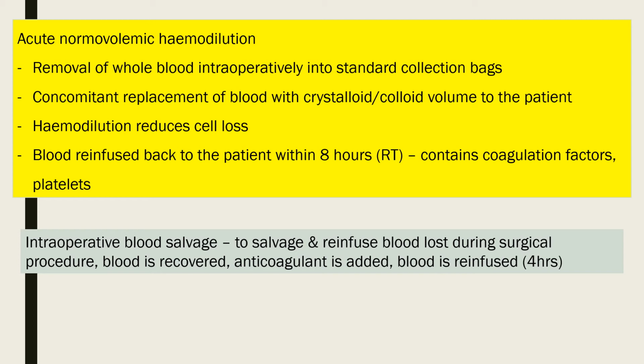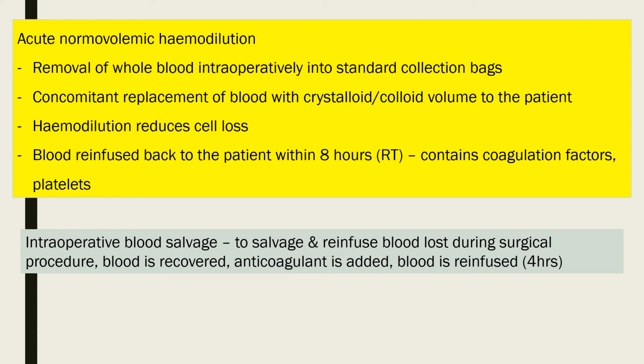There is a slight difference between these two interventions. Acute normovolemic hemodilution is actually a blood conservation technique that involves the removal of whole blood from a patient shortly after induction of anesthesia into standard collection bags, with maintenance of normal volemia using crystalloid and or colloid replacement fluid inside the patient's body.